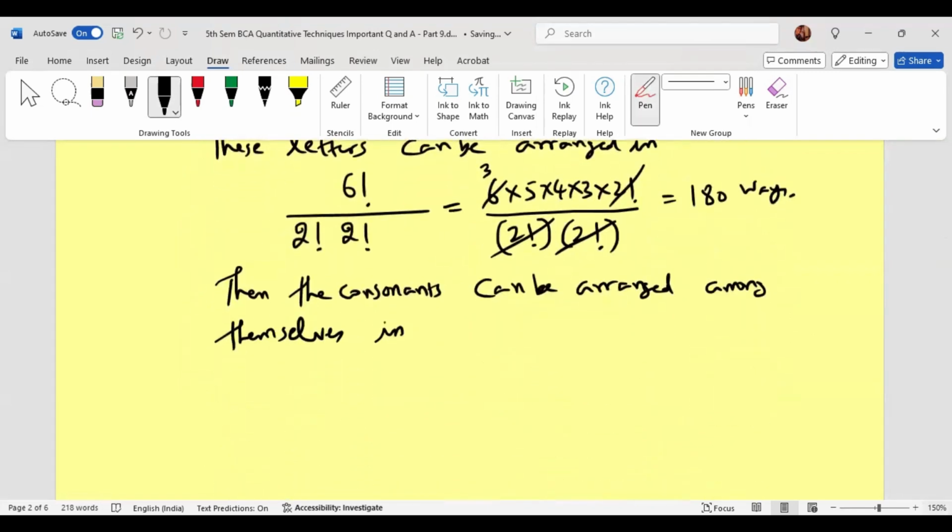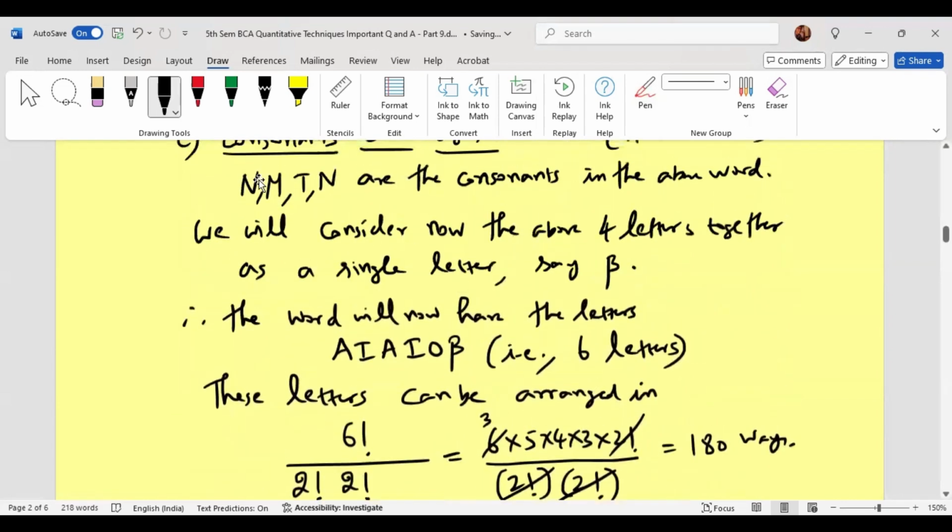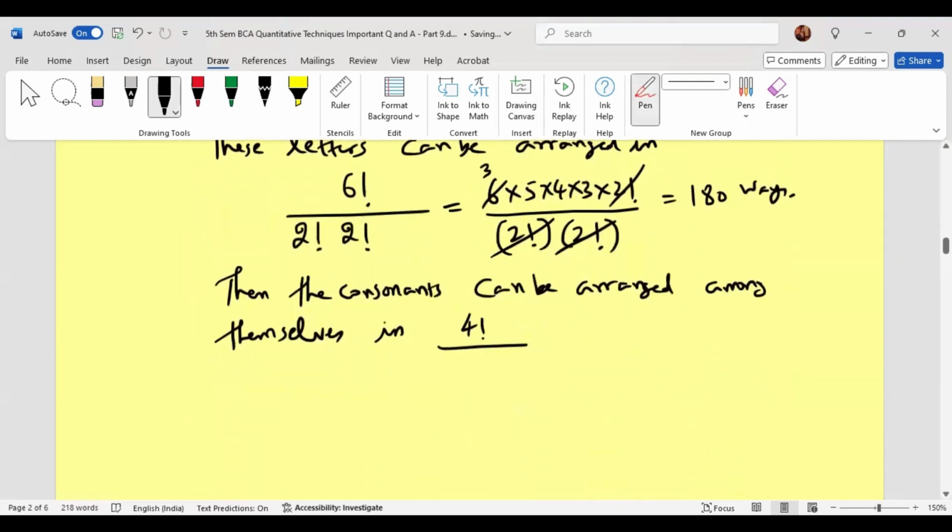So it can be arranged in 4 factorial divided by, we may notice N is occurring twice, so 2 factorial, which becomes 4 into 3 into 2 factorial divided by 2 factorial. 2 factorial gets cancelled. So this is 12 ways.